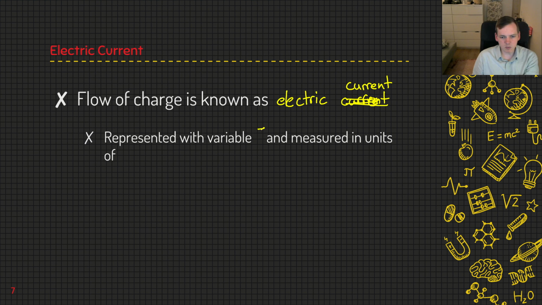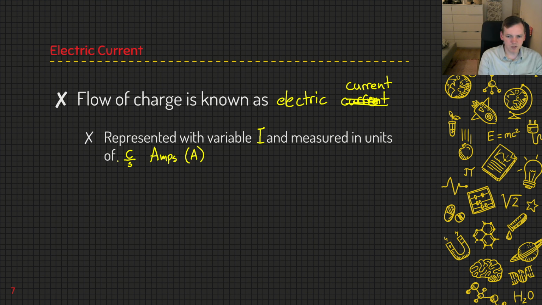The current is represented with the capital letter I, and it's measured in coulombs per second, also known as amps, which we represent with the capital letter A. So when charge is moving from one place to another, we call that current.